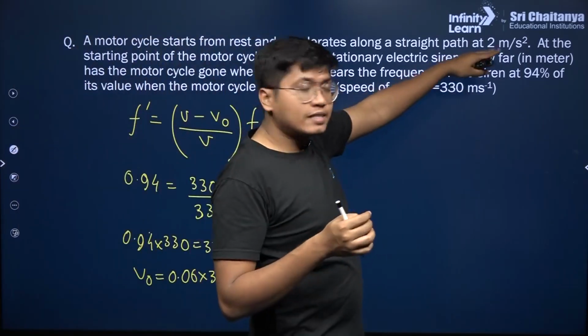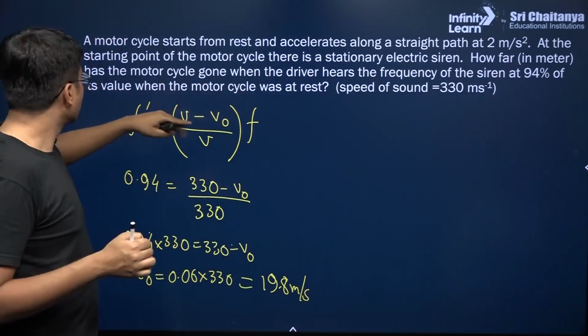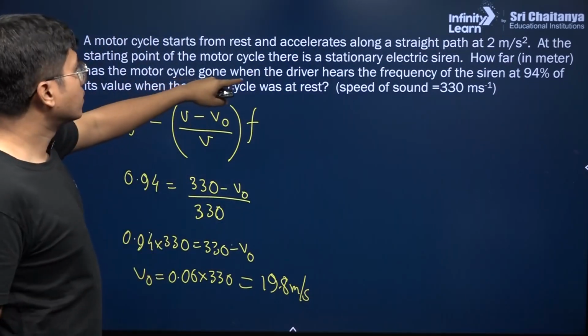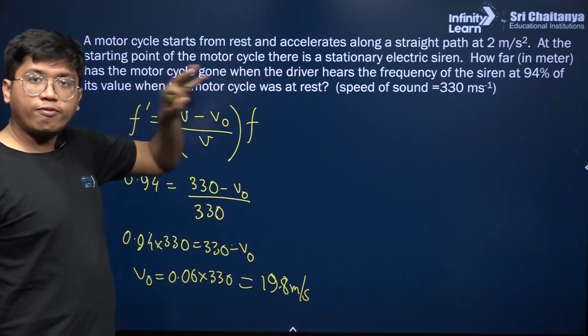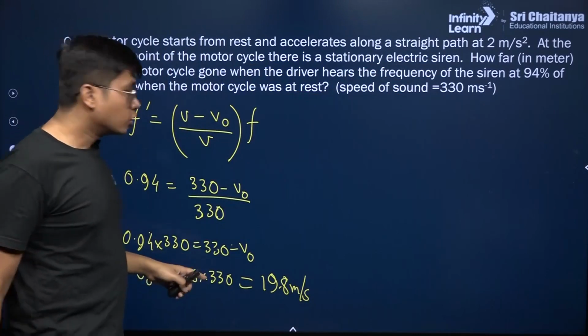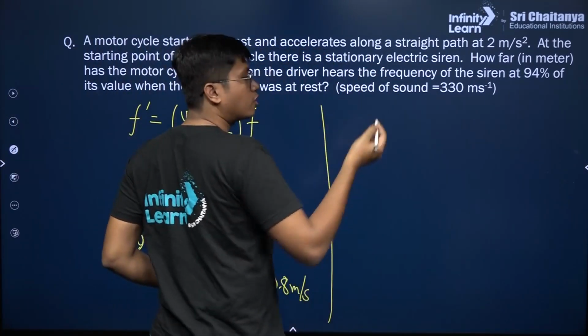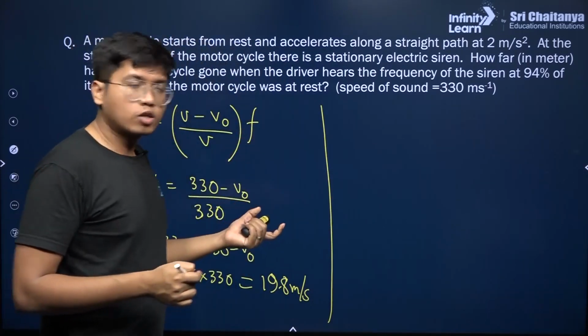And since he's accelerating, you can find out, the question asks us how far has he gone. How far in meters? So how far has he accelerated for to get this speed? So we use Newton's equation of motion, v square is equal to u square plus 2as. U was 0, initial velocity was 0.